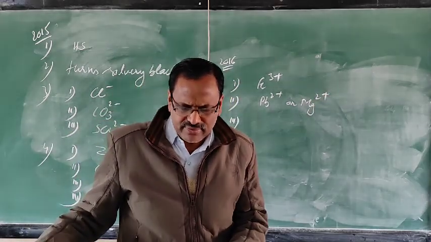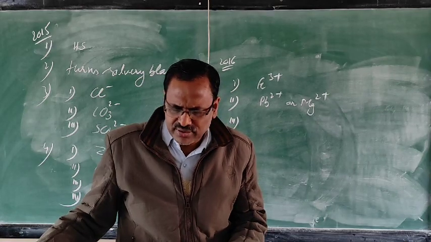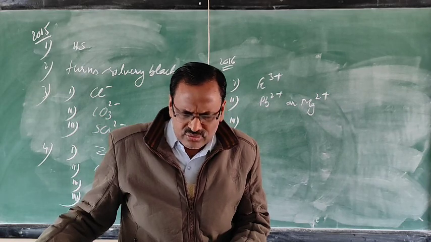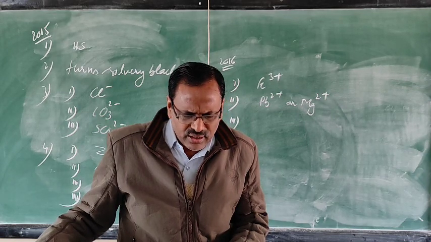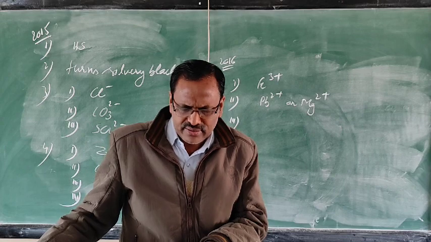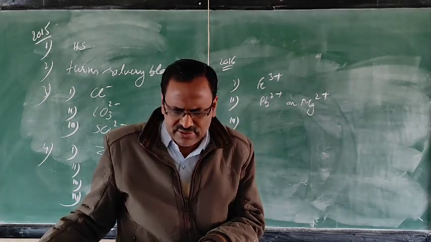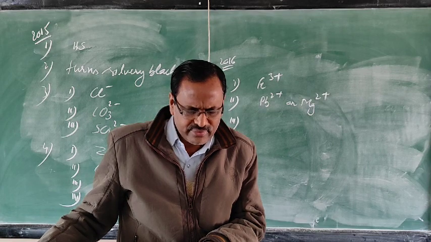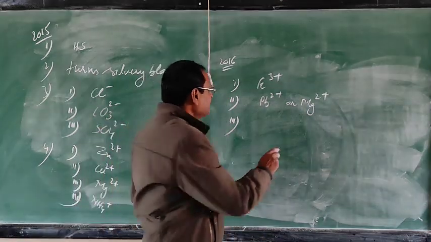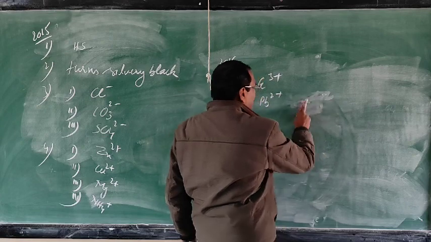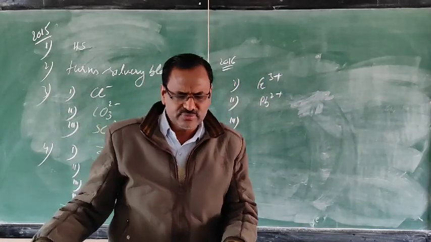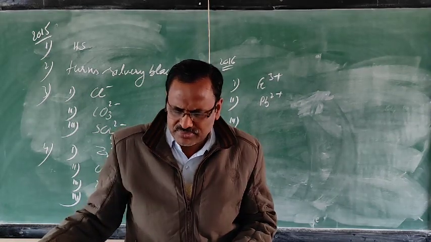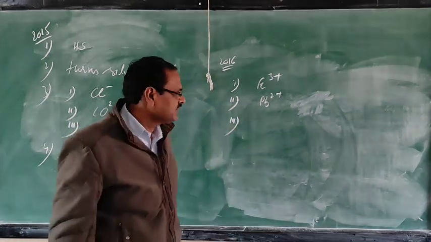Then sodium hydroxide is added to solution C and gives a white precipitate insoluble in excess. So for B you can take lead, and for C you can take magnesium.